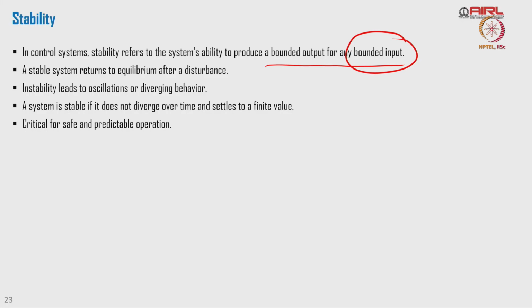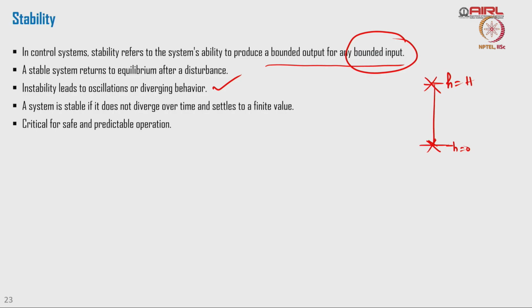Instability leads to oscillating behavior or diverging behavior. Just think of a situation where the drone should be taking off from the ground at height h equal to 0, and it should have an altitude hold at height h equal to capital H. Now, if the drone is a stable drone, it will take off, come to this height and hold the altitude at this particular height.